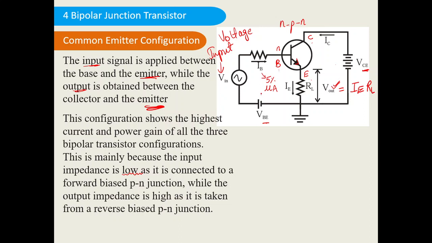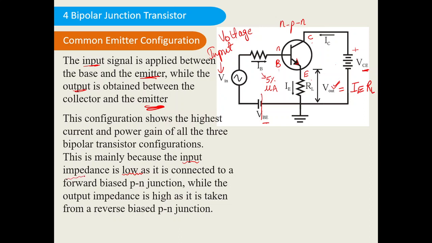Actually this should be like this. And this is now forward bias, and this positive connected to negative is reverse bias. So since the input is forward bias, that's why input impedance is low.